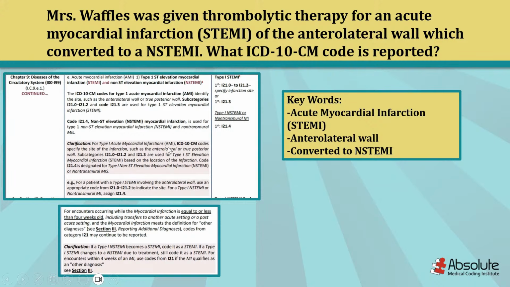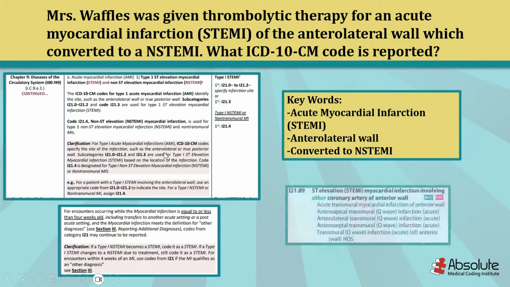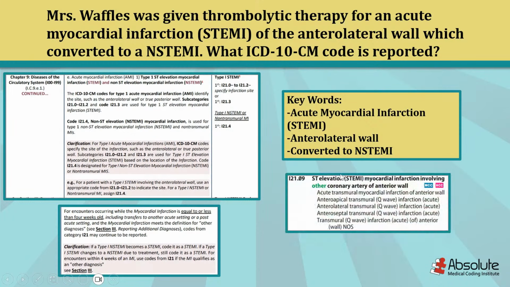So with all of that being said, for our final code, we are going to be coding the STEMI because it went from STEMI to NSTEMI, but we're still coding it as STEMI. That was a lot of saying STEMI. And it's going to be specifically code I21.09, which is the ST elevation myocardial infarction involving other coronary artery of anterior wall.